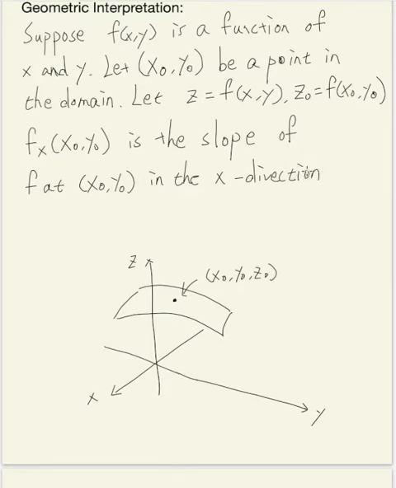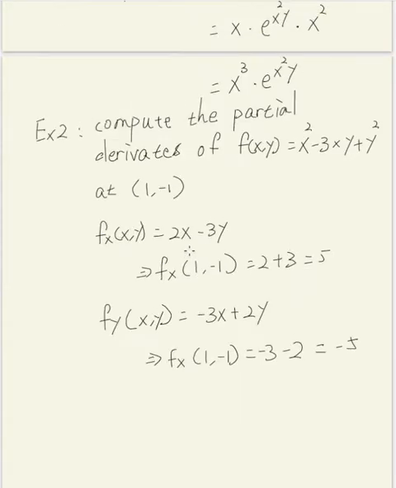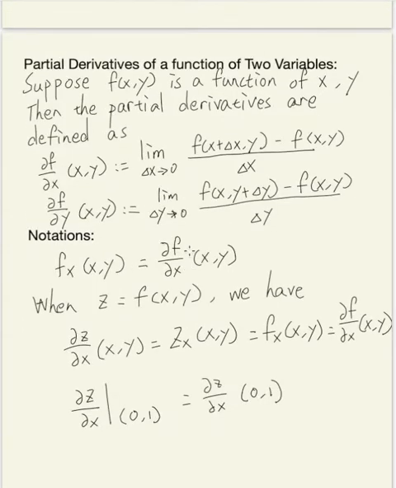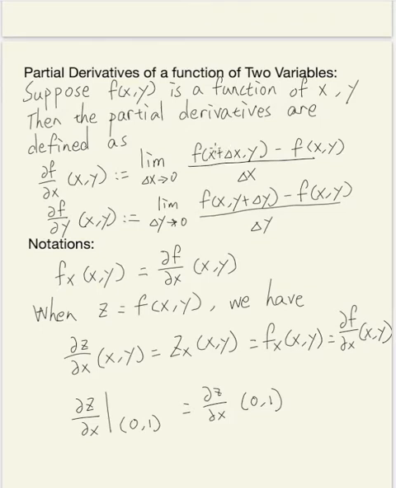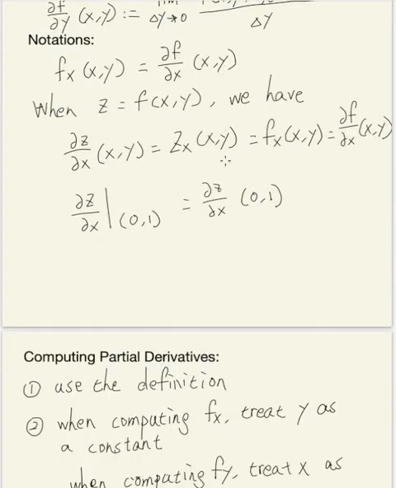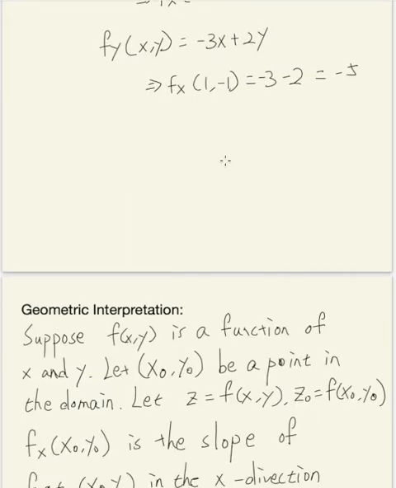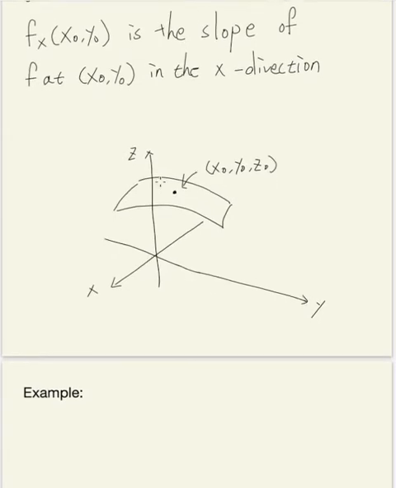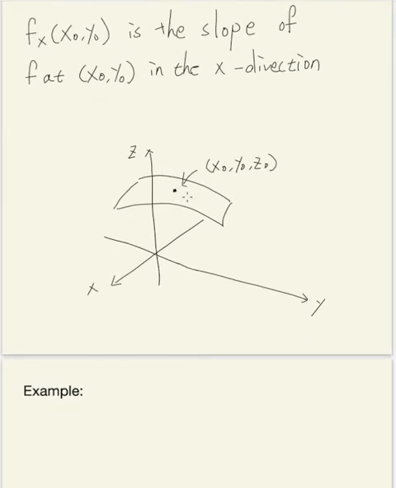Now, what does in the x direction mean? Well, first, let's go back to the definition. In the definition, we are incrementing x by a very little amount, because delta x goes to 0. So we're incrementing x by very little, and then dividing the difference of the functions by this delta x. So here, what we're trying to say is it's the slope in which we only increase x naught, but not y naught.